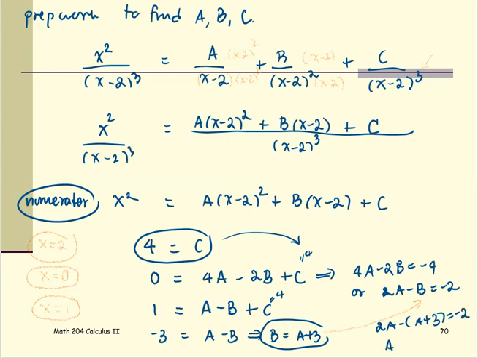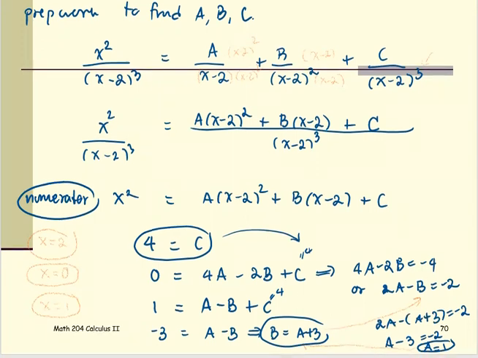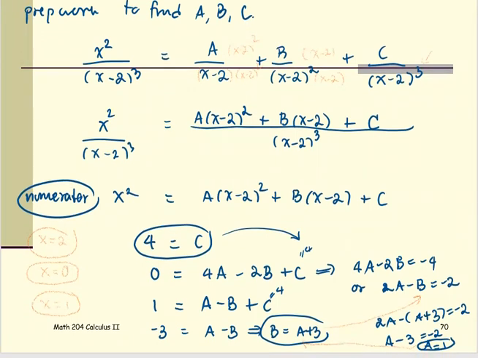Then I have a minus 3 equals negative 2, or my a is, I add 3 to both sides, right? My a is 1. When I have a is 1, I put it back into my expression for b. So I get b equals 1 plus 3, which is 4.